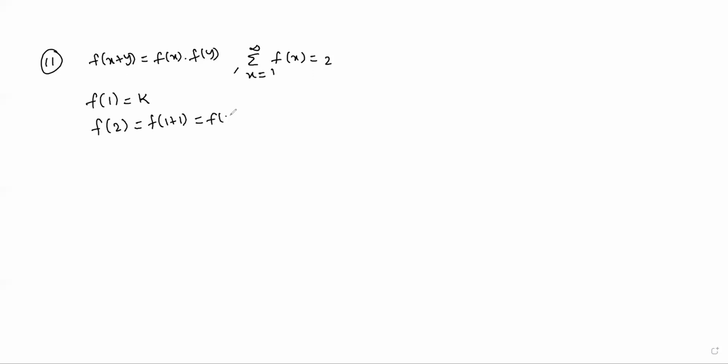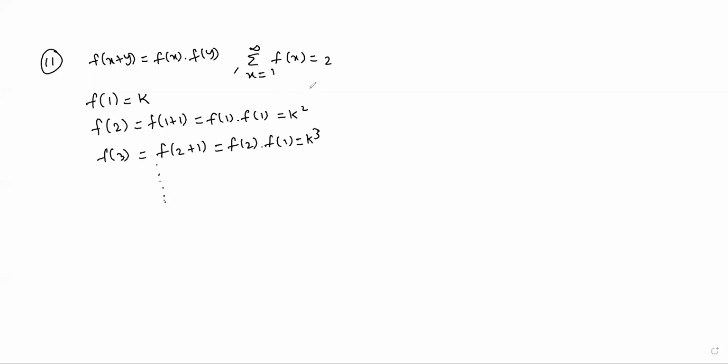Here f of 1 into f of 1, that is k square. Similarly, f of 3 I can write as f of 2 plus f of 1, that is f of 2 into f of 1, k square into k, total k cube. Like this, you can take any number of terms.